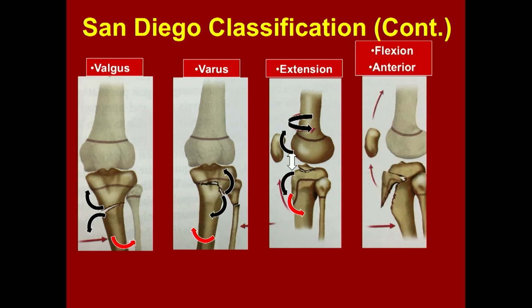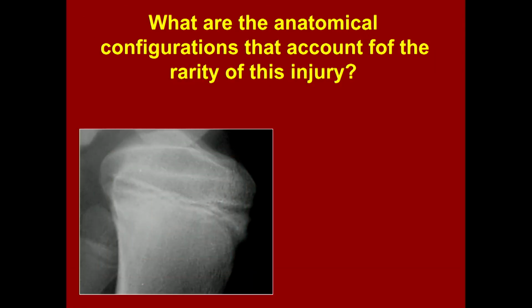And this, of course, is the tibial tubercle fracture, or the proximal tibial flexion type of injury. So this is a flexion, and you have anterior displacement. This is a good classification because it tells you the direction, the cause, and where the fracture pattern usually is. It seems to be the standard now that people have accepted.